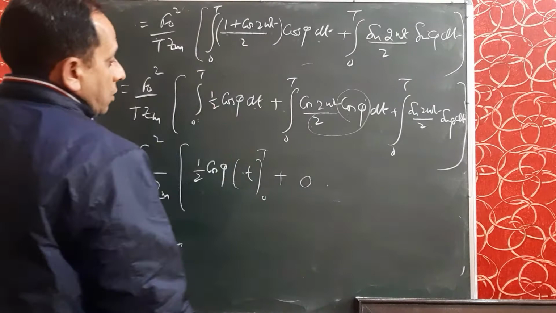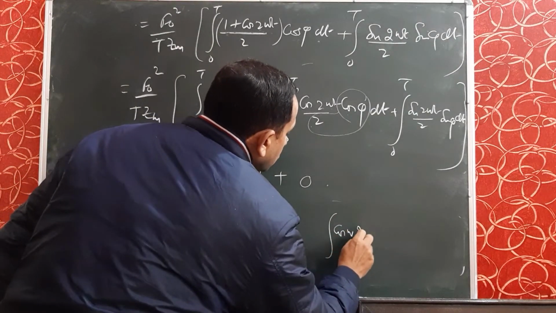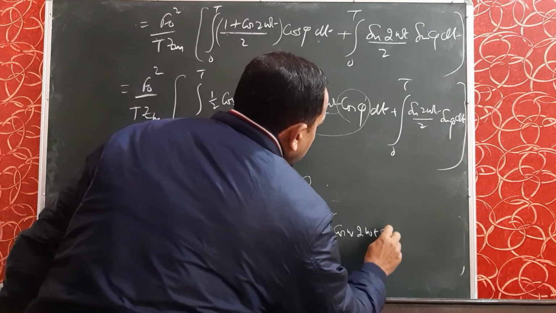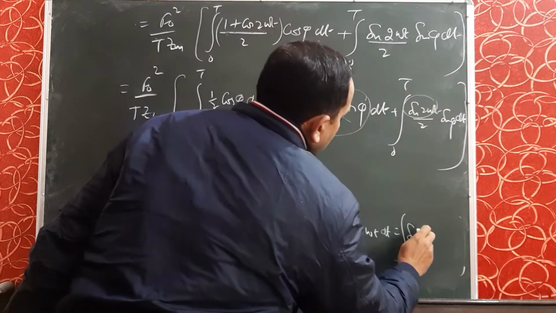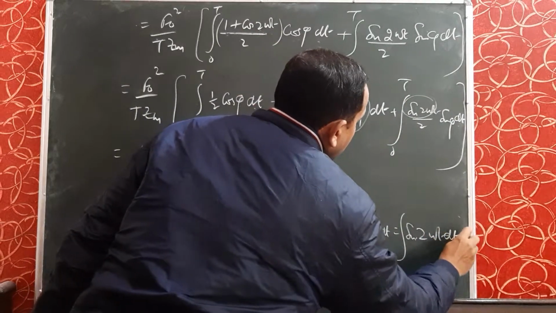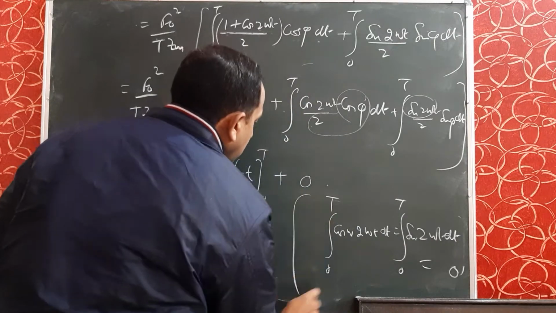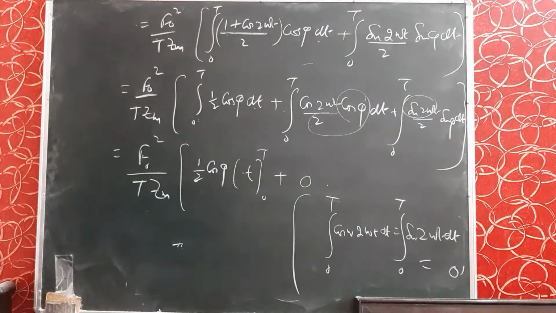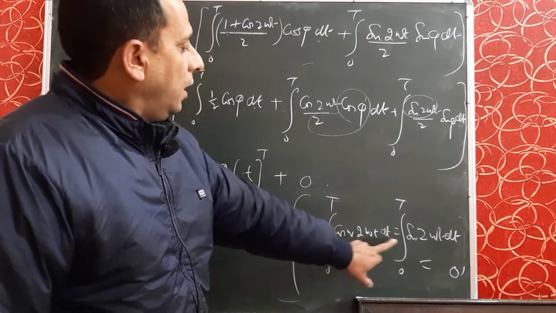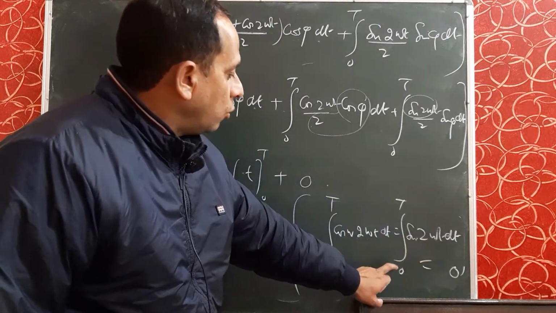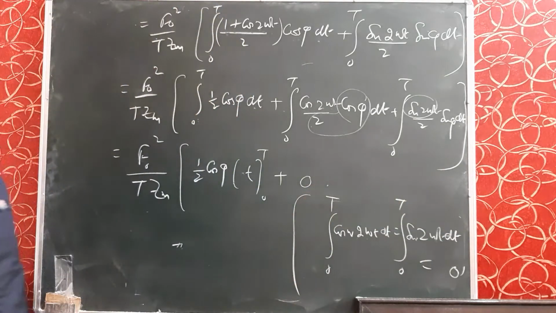So, we know that integral of cos 2 omega t dt or integral of sin 2 omega t dt for whole cycle will become 0, means the integral of cos 2 theta and integral of sin 2 theta for one cycle 0 to T, both are always 0.